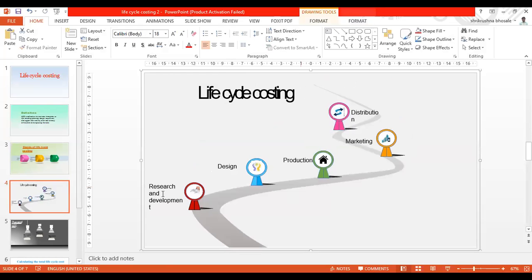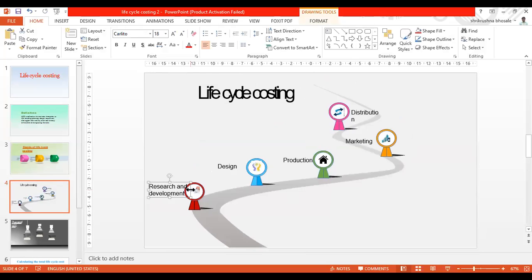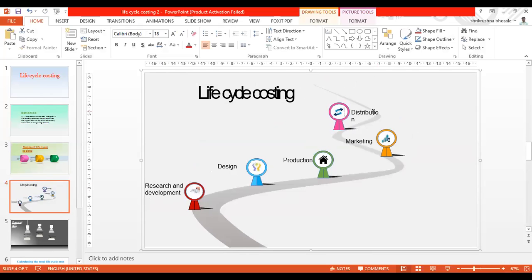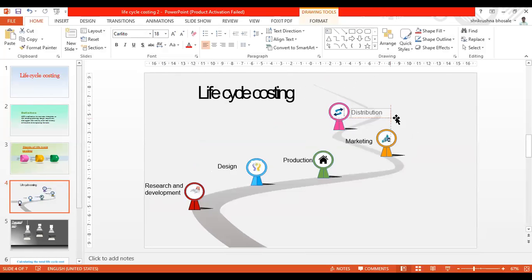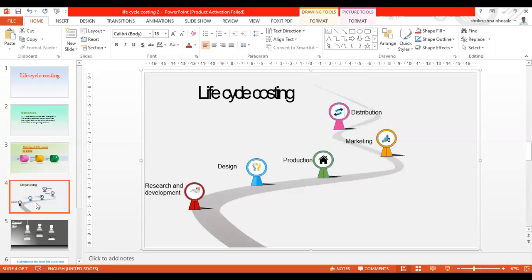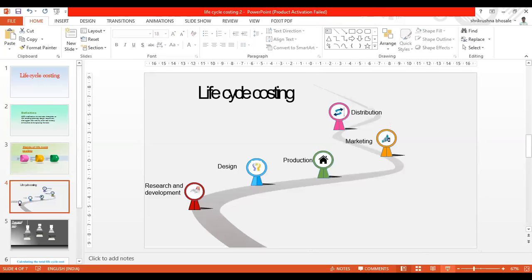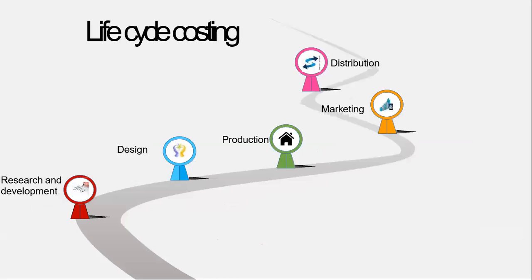How these are working is shown with a certain roadmap or diagram. I have made just a little bit of changes. So how is the life cycle costing decided? How is this road there, or how are the stops there?